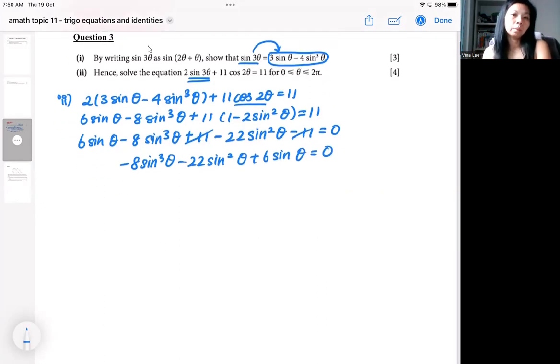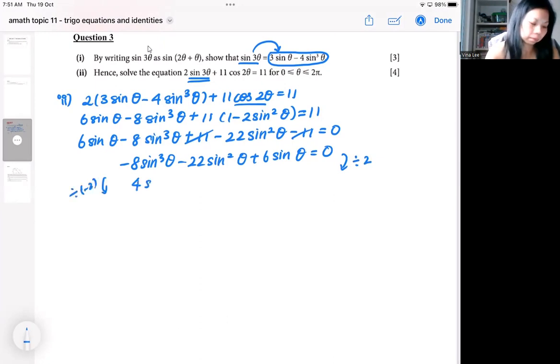My usual habit will be, I will divide by -2 first on both sides. So I will get a cubic.